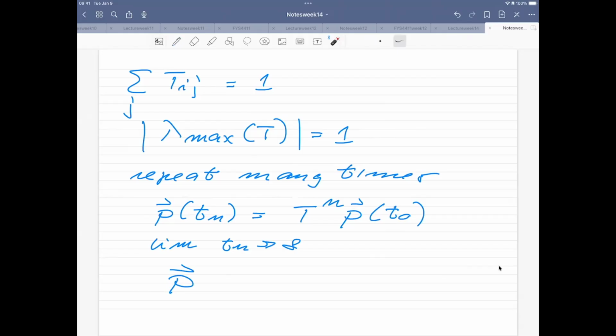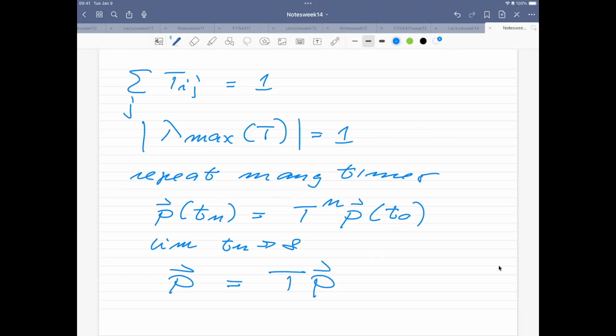That is normally called the most likely state, or the stationary state, or the equilibrium state. And then you have that this is given by the matrix T times a vector P. And you see that the eigenvalue is equal to 1 for that specific state. And this is something you can show when you look at the master equations. I'm not going through all these details.